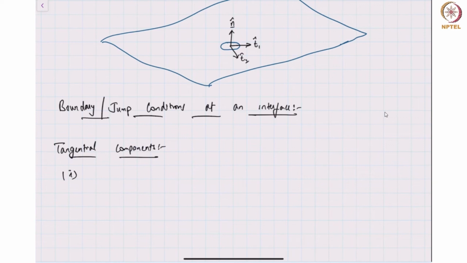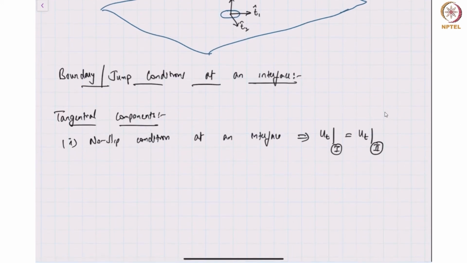Similarly, two fluids flowing one over the other also obey a similar no slip condition at an interface, which means that the tangential components of velocities are the same. What are tangential components of velocity? It is u dot t. It is taking the dot product of the velocity of a fluid at the interface with the tangent to the interface. Okay, so that's the first observation.